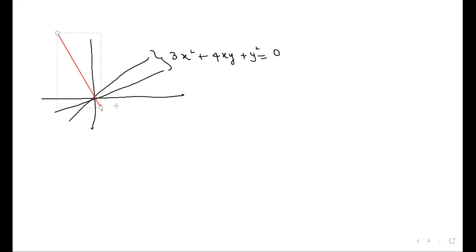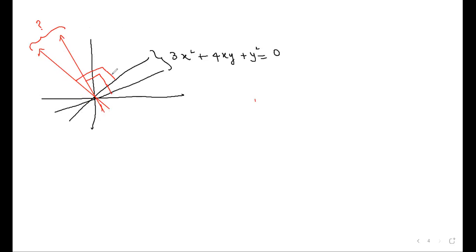Sir, we get the two slopes using the auxiliary equation, then we make them inverse and perpendicular, negative inverse. Since we know it passes through the origin, we can get the two equations. I don't know a shorter method.